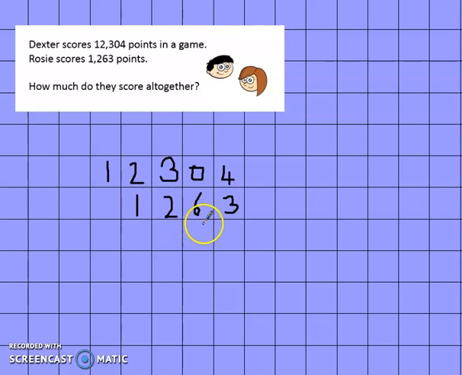I've made sure they're lined up properly, it's in the correct column. 4 add 3, 0 add 6, 3 add 2, 2 add 1, and finally the 1. So your answer should have been 13,567. Well done if you've given that a go.